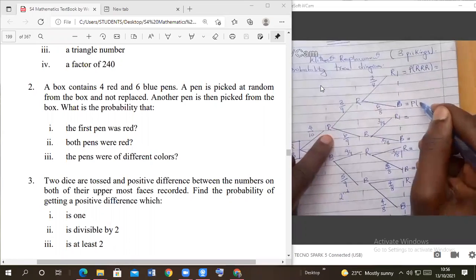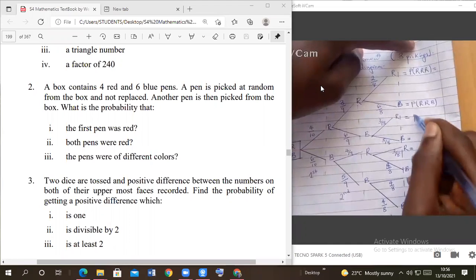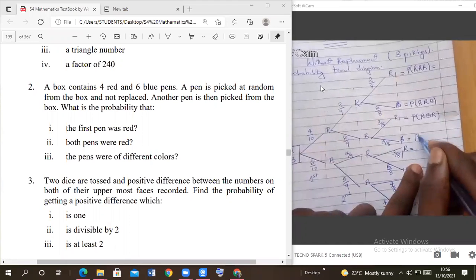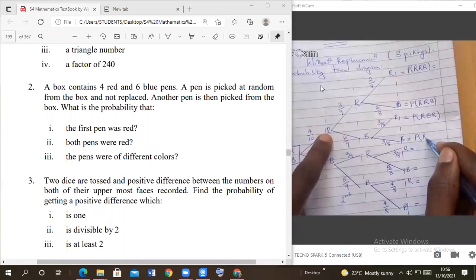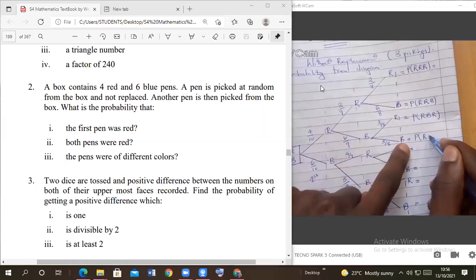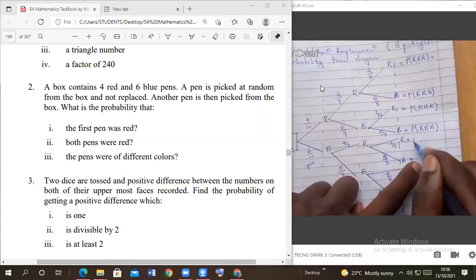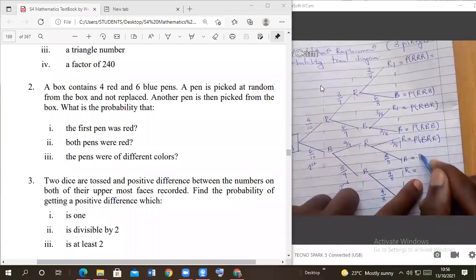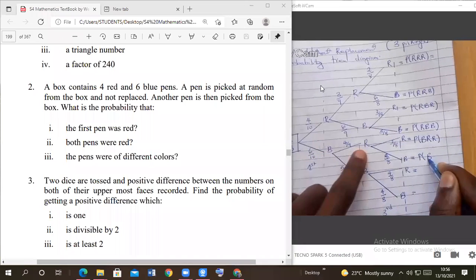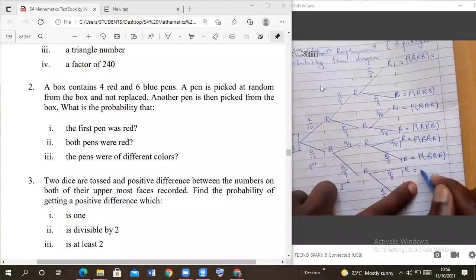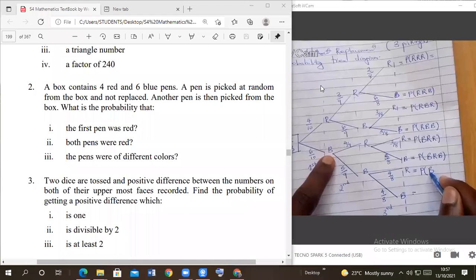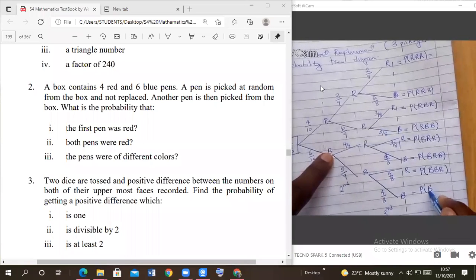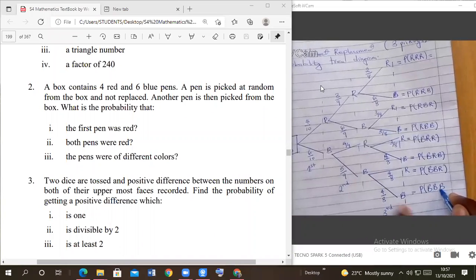Here is red, red, blue. Then red, blue, red; red, blue, blue; blue, red, red; blue, red, blue; blue, blue, red; and blue, blue, blue.